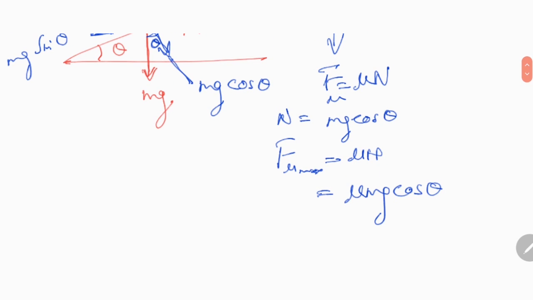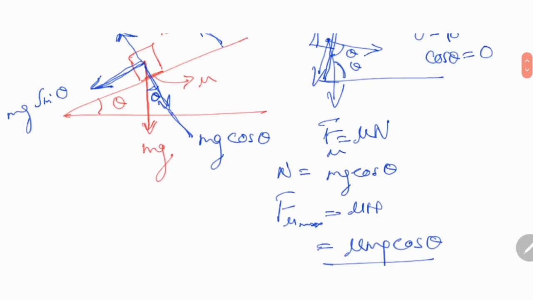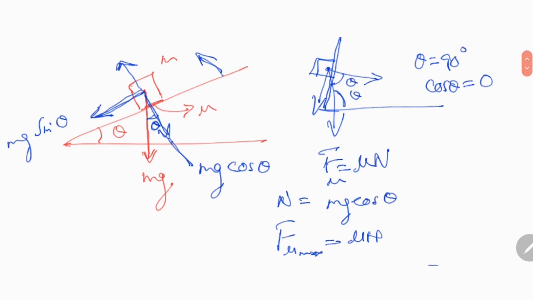Clear? Now understand one thing. As I keep increasing this inclination, initially the body won't move, but at a particular theta the body will slide down. It will slide down when mg sin theta, the force due to gravity that is trying to slide it downwards, becomes equal to the maximum frictional force.